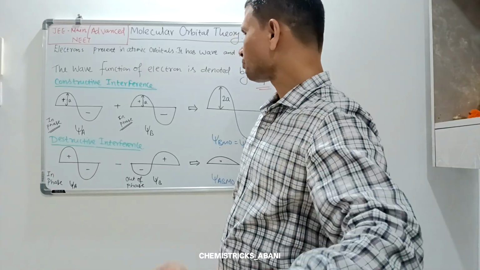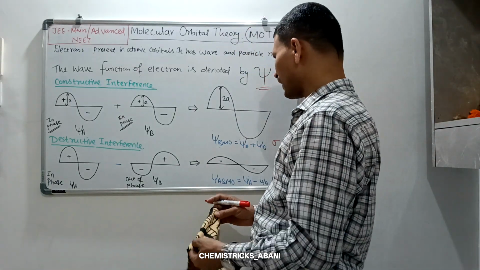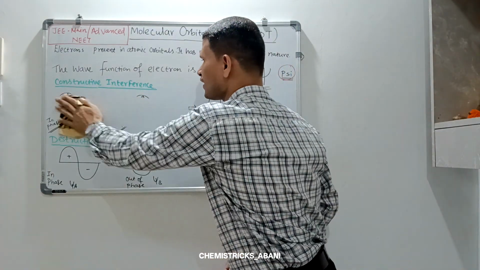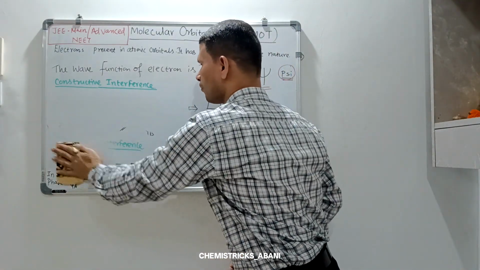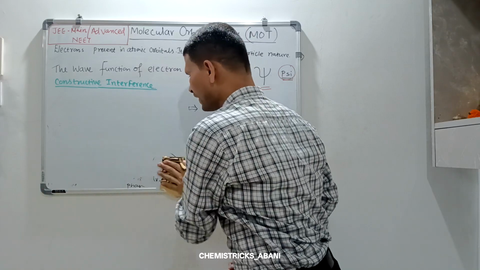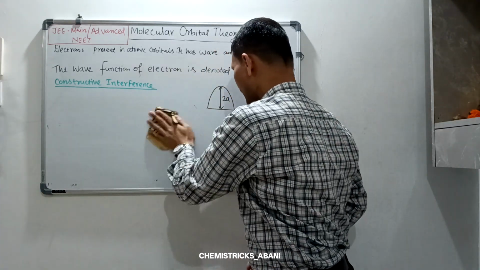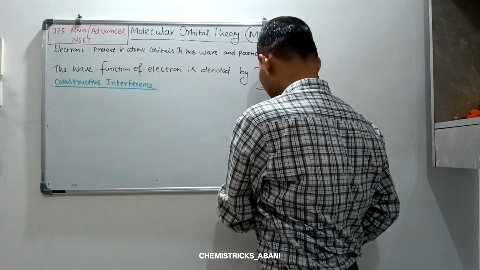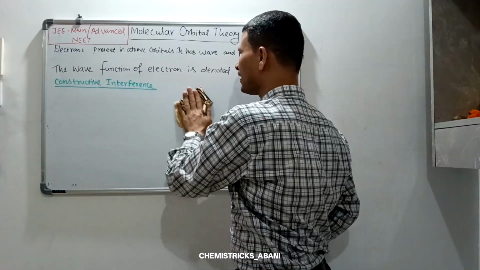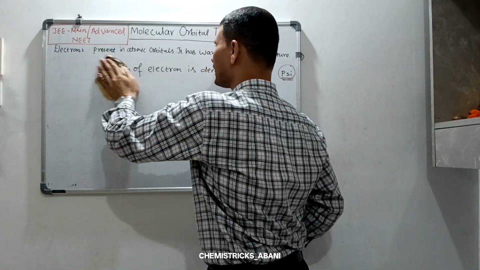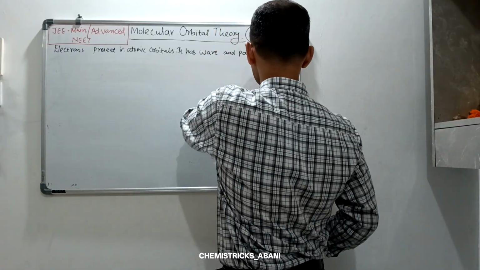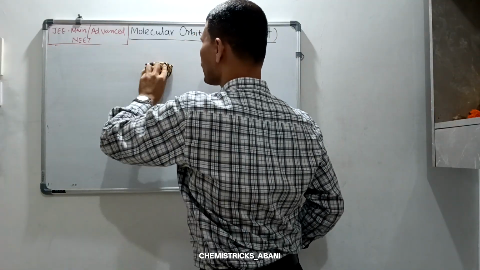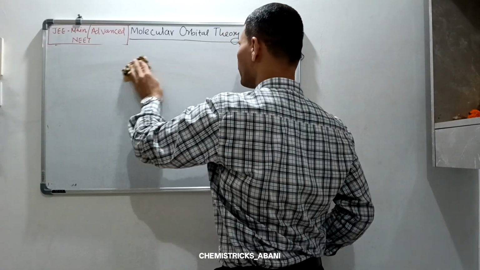Next, we will see energy-wise how the bonding molecular orbital forms and where it lies. The bonding molecular orbital will always lie on the lower side because energy decreases when stability increases.